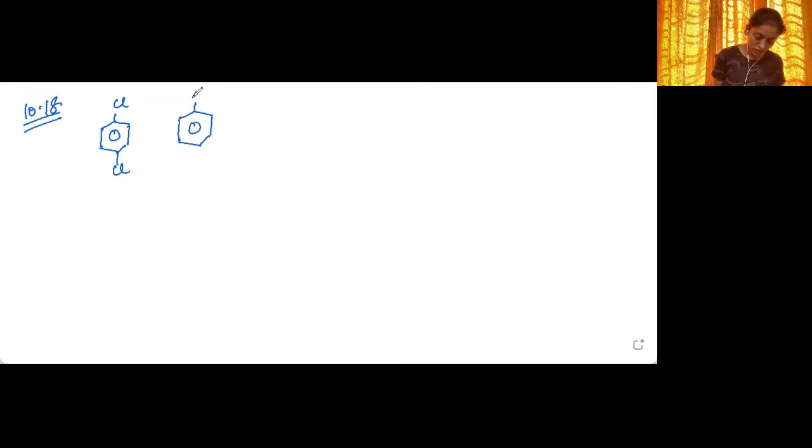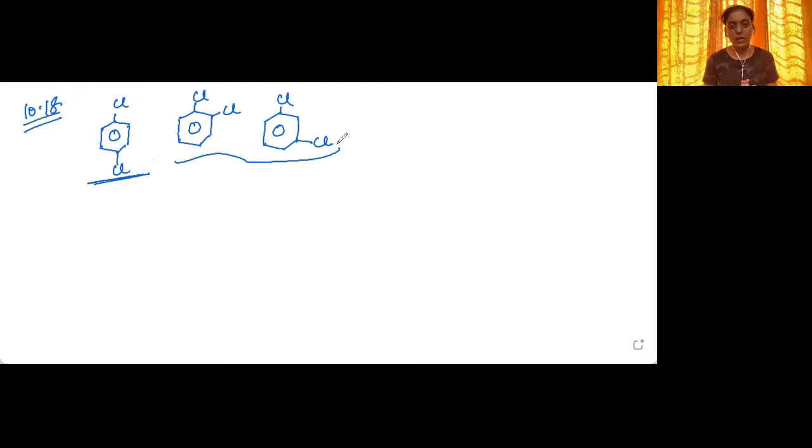First of all, let's just draw the structure. This is the ortho-dichlorobenzene. Then we need to have the meta-dichlorobenzene like this. Now the statement says that the melting point of para-dichlorobenzene is higher than those of ortho-dichlorobenzene as well as meta-dichlorobenzene.